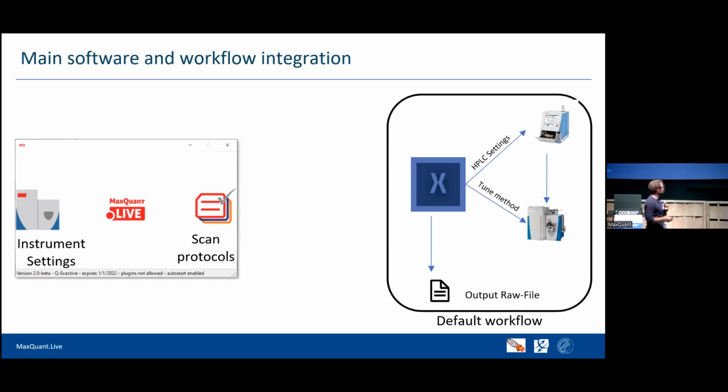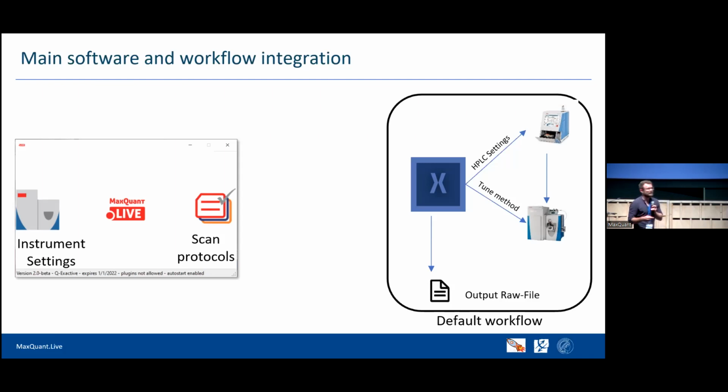If you look at the default workflow, usually you have an HPLC and a mass spectrometer, and they are both controlled by the Excalibur software, which also writes the raw files. So they can all talk to each other, but we can only talk to the mass spec. We can't talk to the LC.